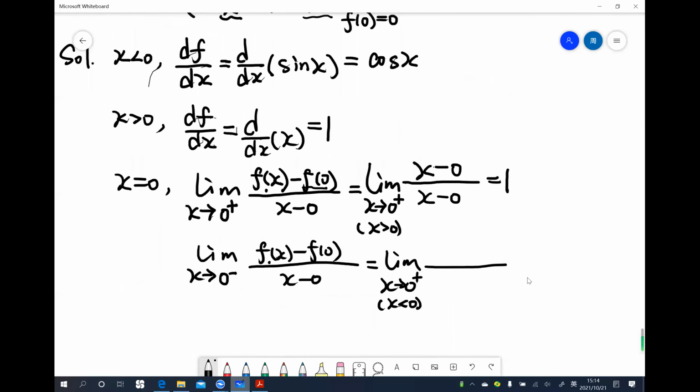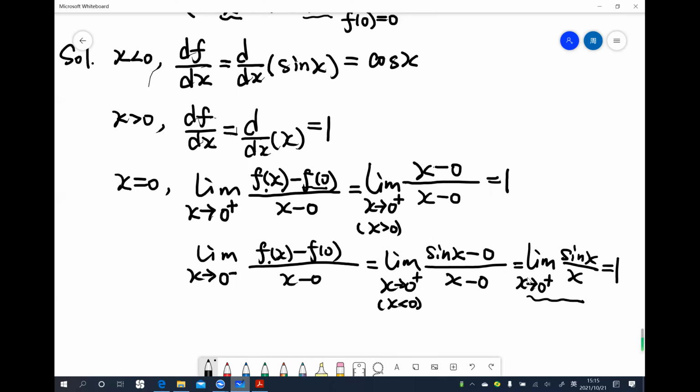So that should be sine x minus 0 by x minus 0. And here, that is the limit of sine x by x as x approaches 0. So can you remember this limit? This is the important limit. Remember that? Yes, the limit is 1, right?